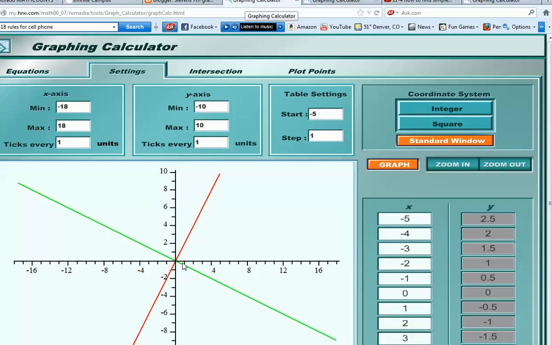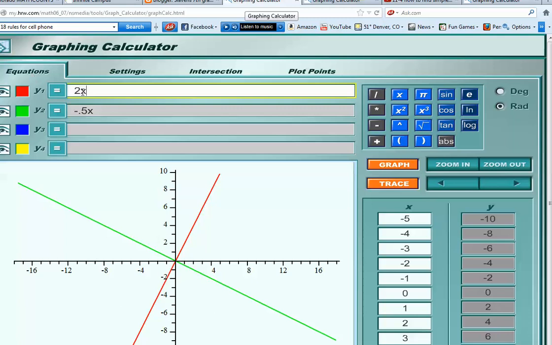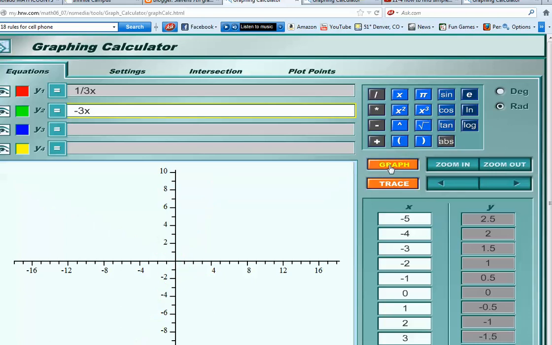So let's see if that works for our other pairs. Pair 2 is going to be 1/3 x and negative 3x. Let's see what happens when we graph it. Look, we get another perpendicular intersection.